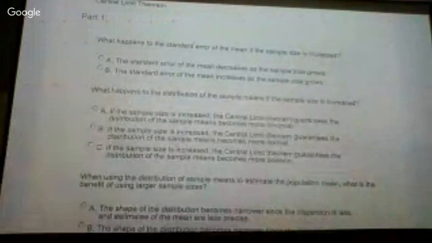Nope, the other way. Here's the way it goes. Standard error of the mean comes in one of 2 forms, either as sigma sub x bar or s sub x bar. And they both do the same thing.